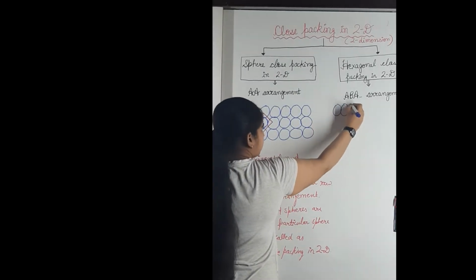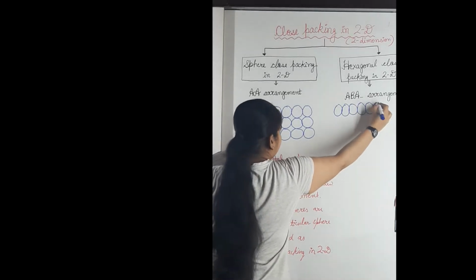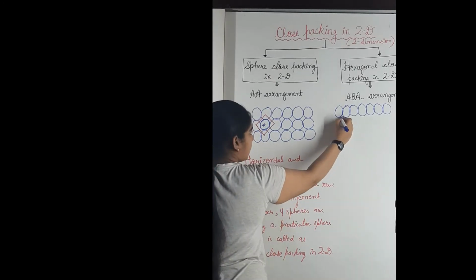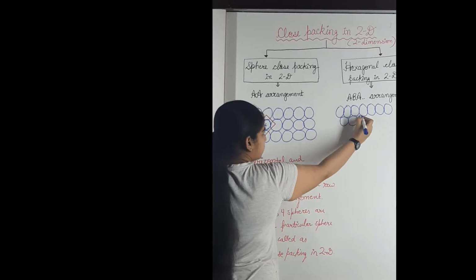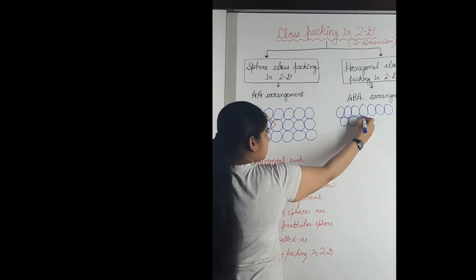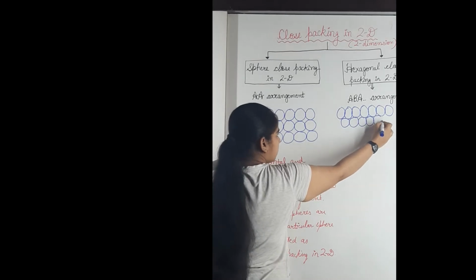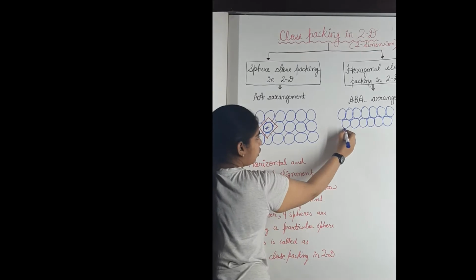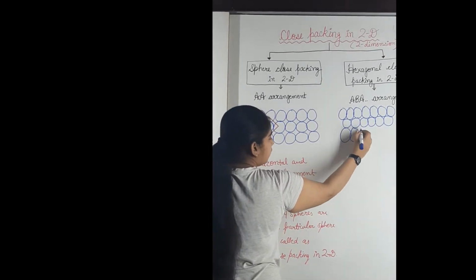These are the spheres or the constituent particles of the first row, and the second row spheres are put in the depression of the first row. These are the depressions, so these are put in the depression of the first row, such that the third row is exactly similar to the first row.